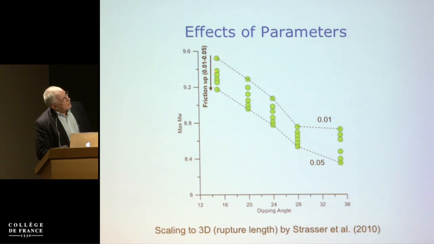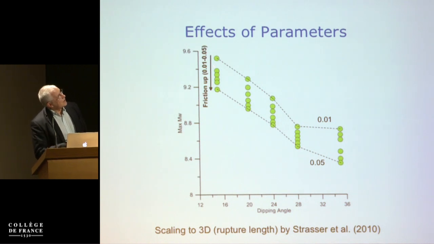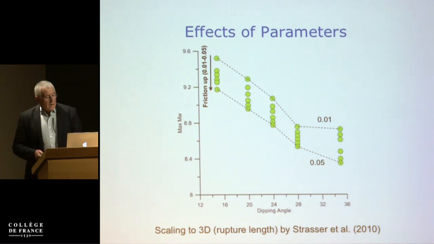And what you see immediately, so this is friction, and this is the dipping angle. The change of friction in this range is significant, but not the largest effect. The largest effect is the dipping angle of the subduction zone.